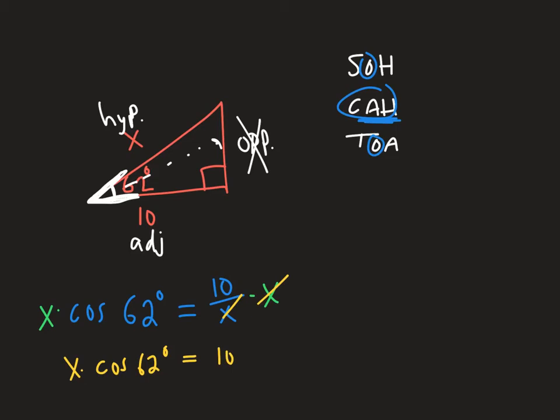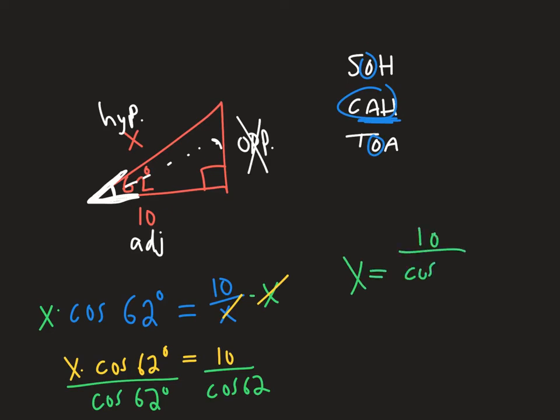And now to solve for x, since it's x times something, we are just going to divide both sides by the cosine of 62, okay? Which again, it's just some decimal. Your calculator is going to know what it is. But we're going to get our answer. Let me just clean this up here. X equals 10 divided by the cosine of 62 degrees.